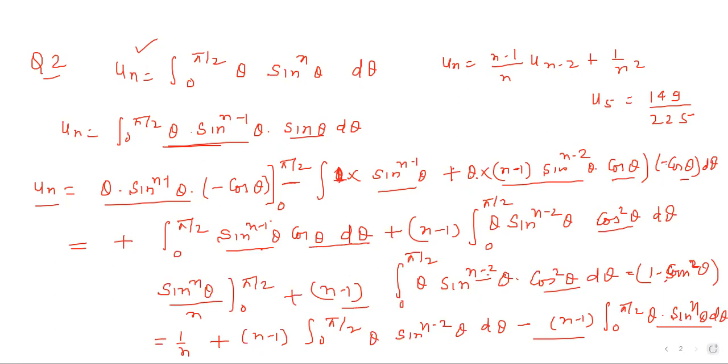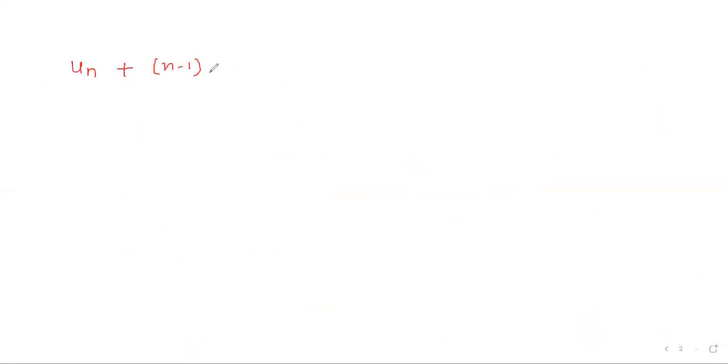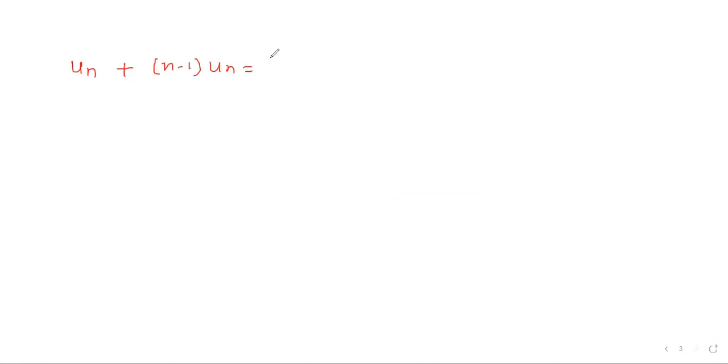So we will get un plus (n minus 1) un is equal to, here this term can be written as (n minus 1) times un minus 2. So 1 upon n plus (n minus 1) times un minus 2.